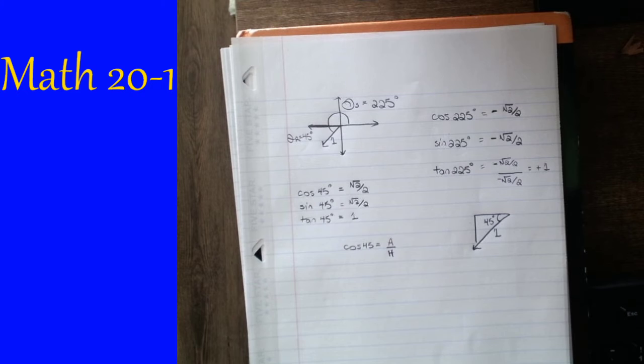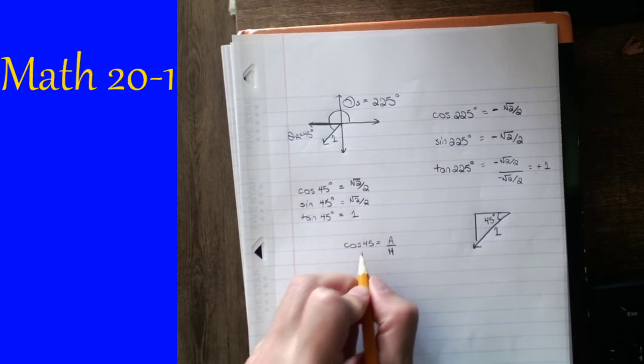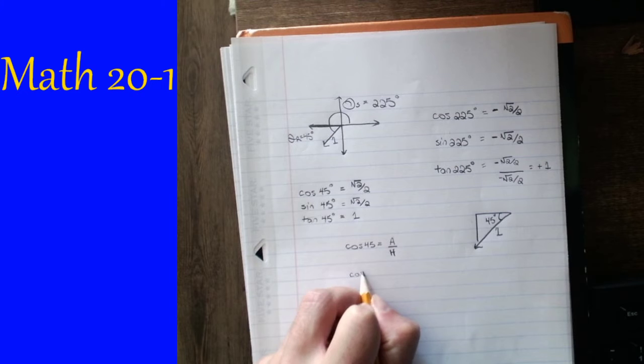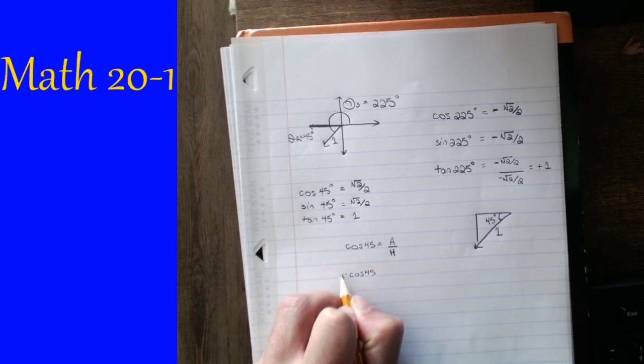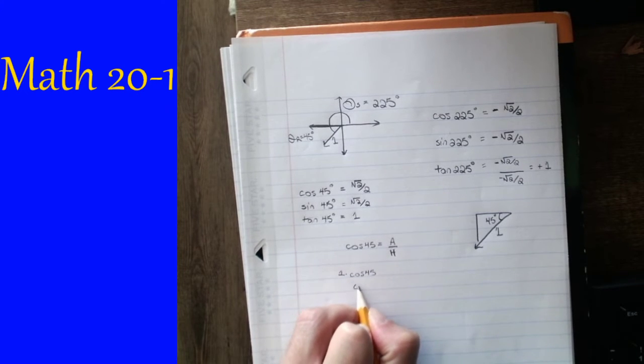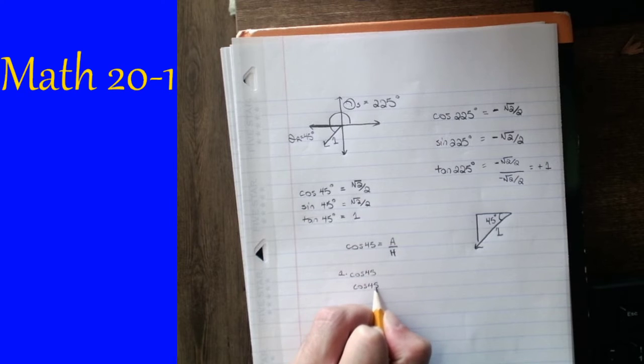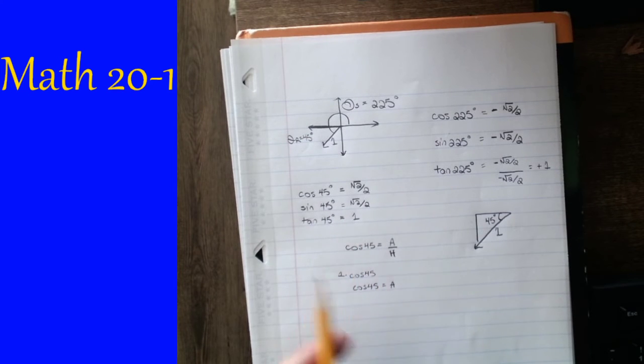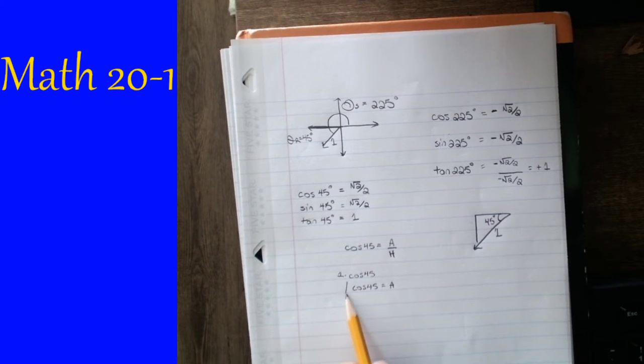You can imagine doing this for both cosine and sine, as well as tangent, and seeing that if the hypotenuse is 1, our cosine of 45 gets multiplied by 1, so cosine of 45 will be equal to the adjacent. That's why I don't really have to worry about the hypotenuse or even this relationship, because it just boils down to the idea that cosine 45 is equal to the adjacent.